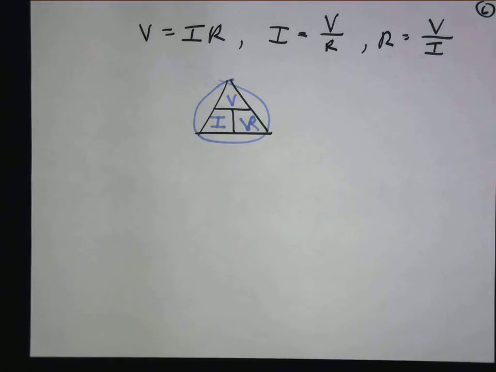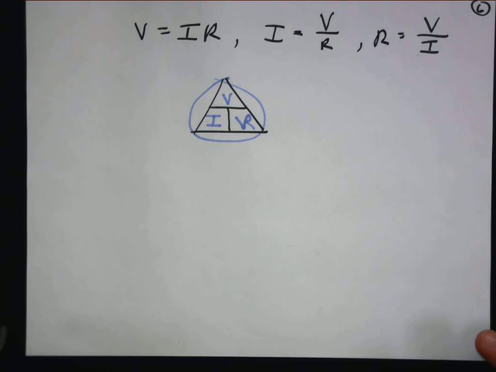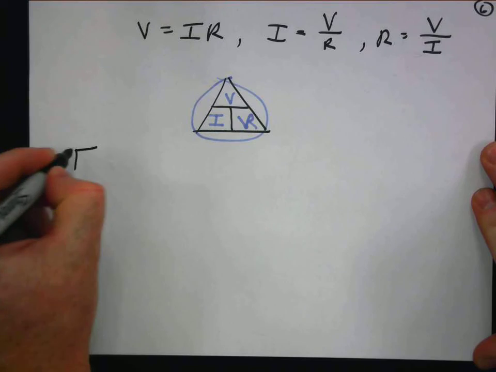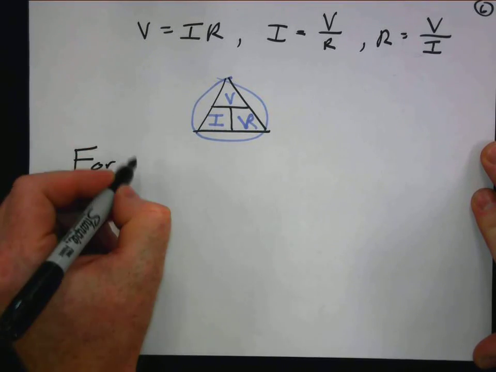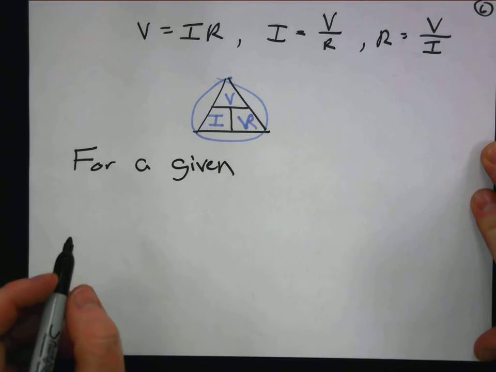One final note. The resistance of a component in a circuit is usually constant. But the circuit can be designed with any resistance that you need. So what this means is that for a given resistance, more voltage produces a larger current. I'm writing extra bold here too, a given, and you're writing this down as well. You're taking notes, right?